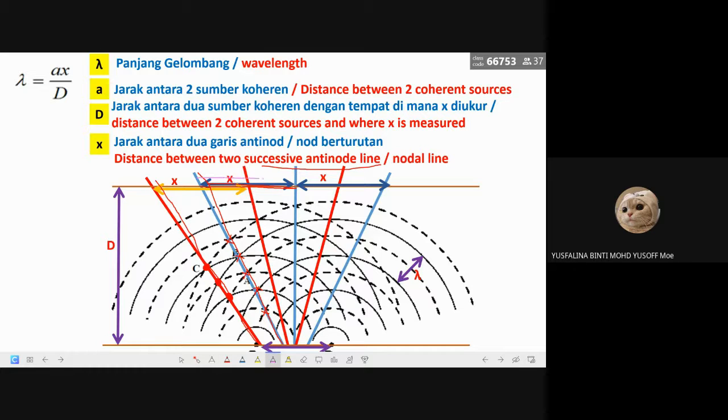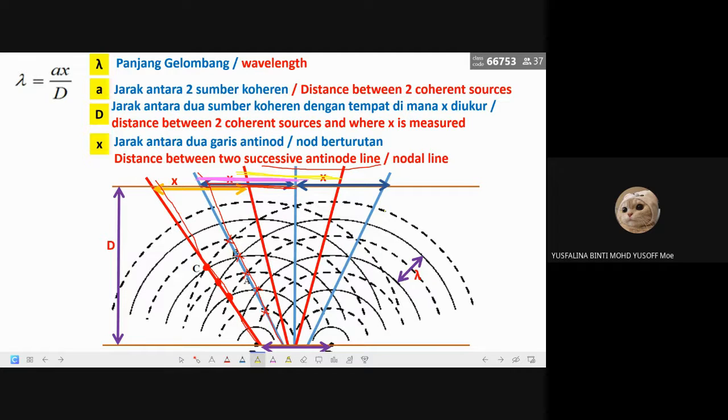So my antinode is here; from here to here is called X. If I want to take the nodal line, I take from here to here, and this is also called X. So it must be from antinode to antinode or node to node.